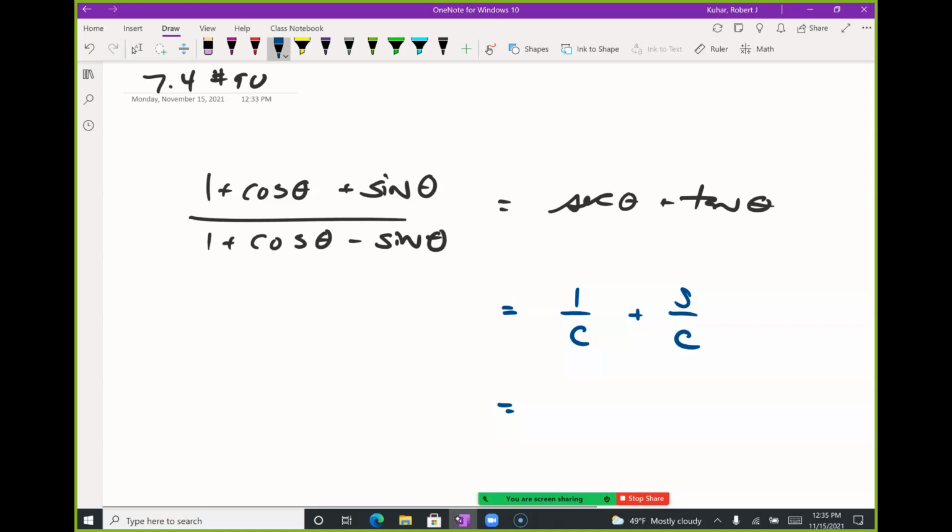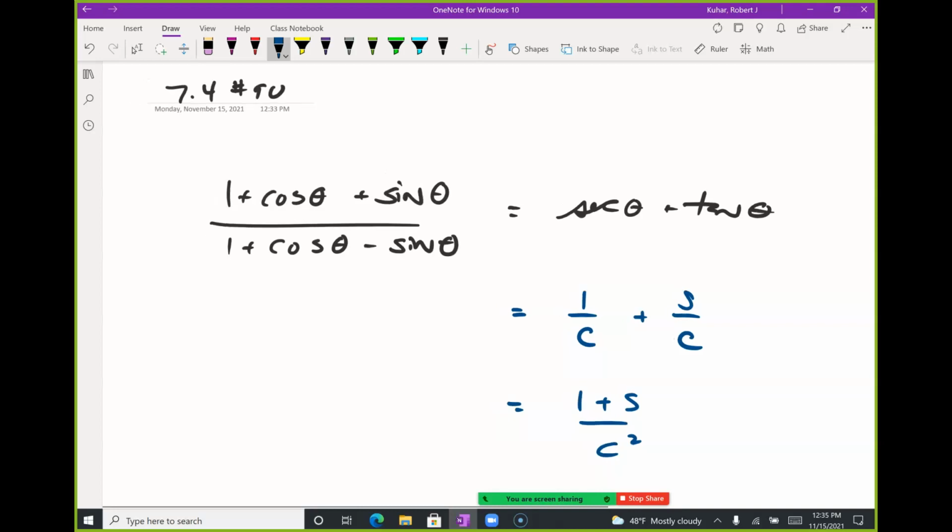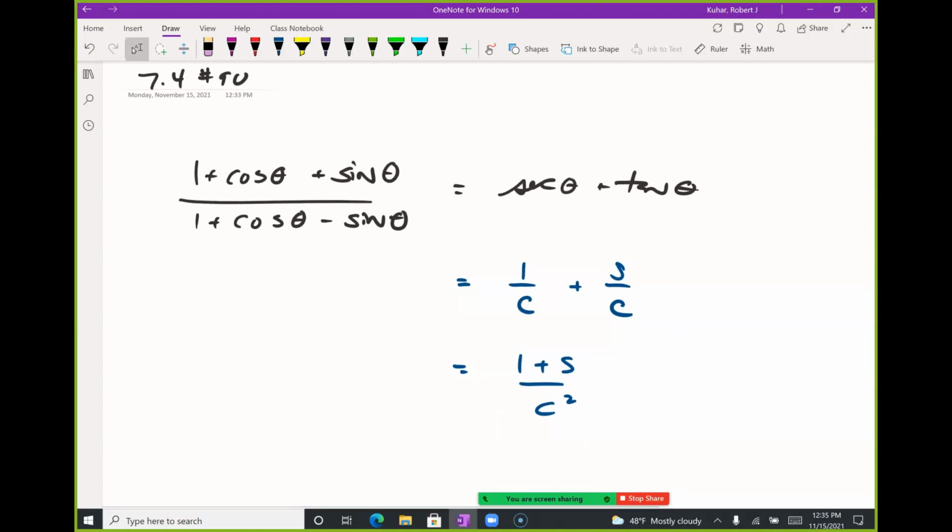I don't know what to do here either. I get (1 plus sine) over cos squared. I don't know what to do, so I'm gonna just try something.